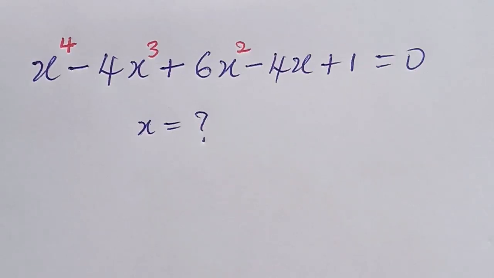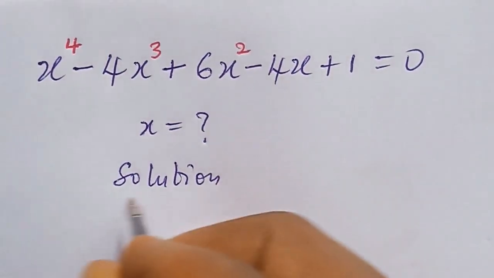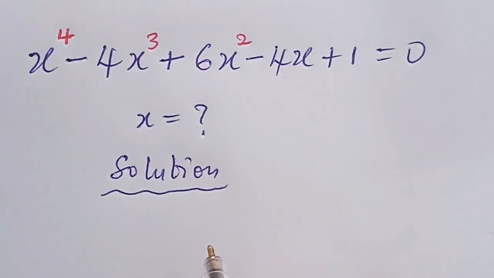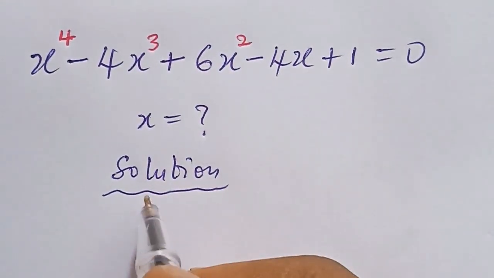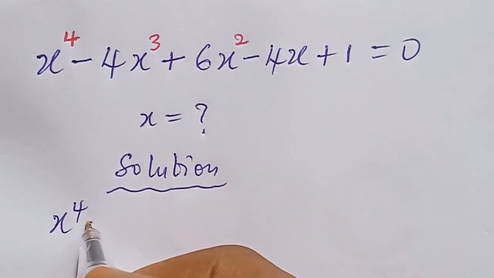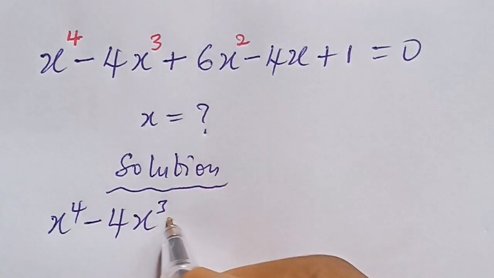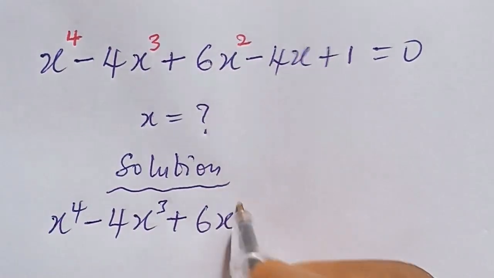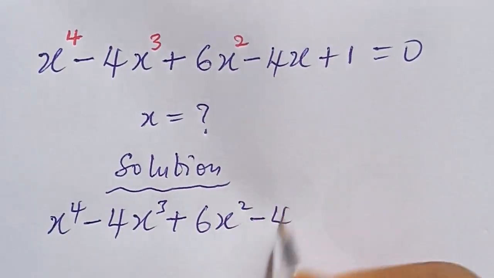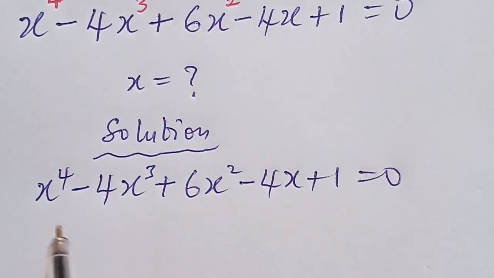So solution. In this solution, we have x to the power of 4 minus 4x to the power of 3 plus 6x squared minus 4x plus 1 equal to 0.